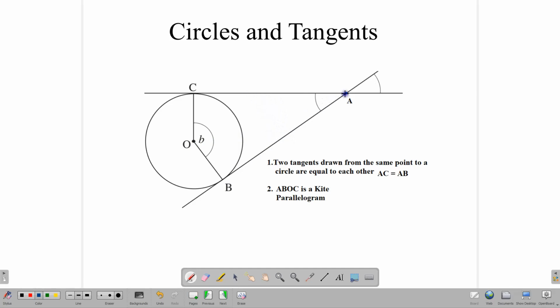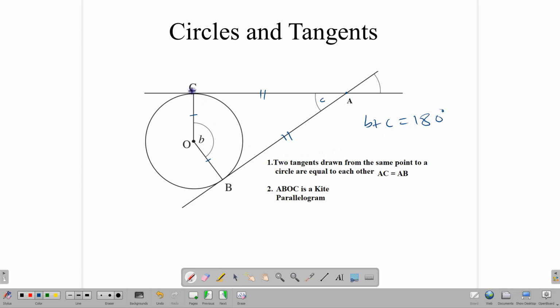These two tangents drawn from the same point are equal to each other. So this line is the same thing as that line. For that matter, these are radii, so they'll be equal to each other. And so what you get inside here is a shape, which is a kite, and it has its own properties where this angle B plus, let's call this angle C here, when we add them together, we get 180 degrees.